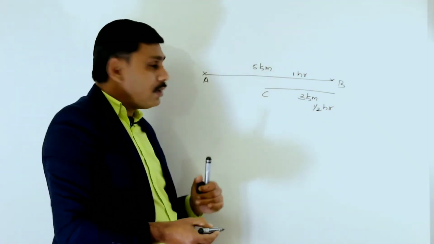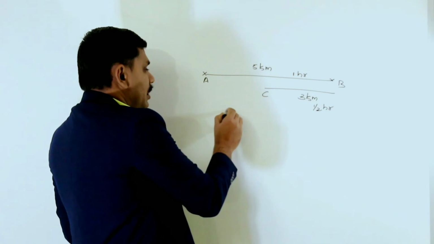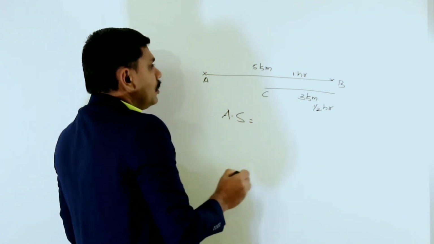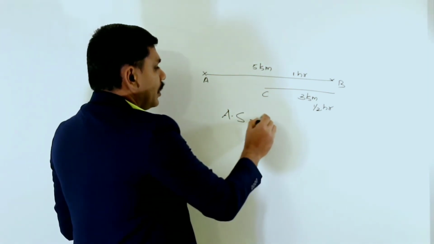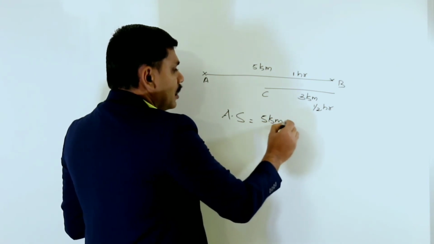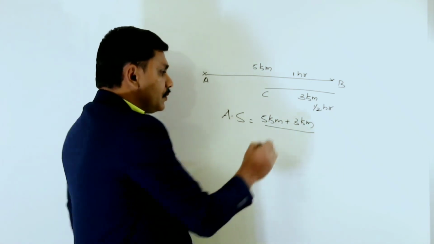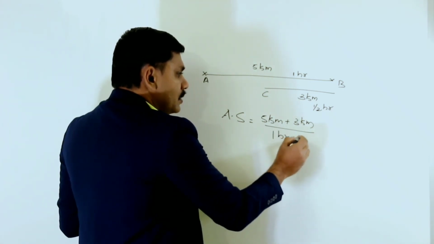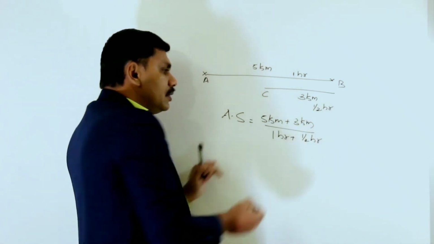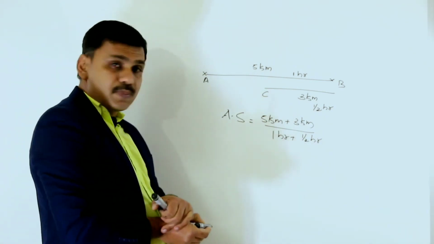So it's an example problem. What is the average speed here? Average speed is equal to total path, 5 kilometer plus 3 kilometer. Then what is the total time? 1 hour plus half an hour. This will give you the average speed.